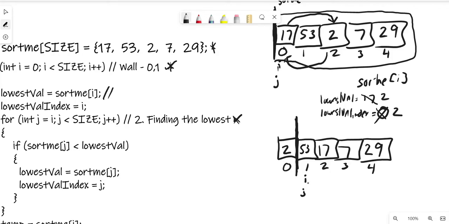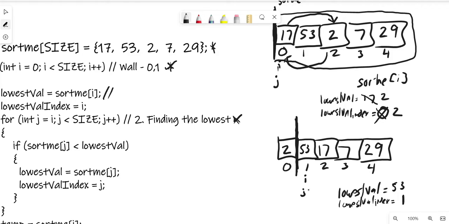Now my lowest val, so I'll write it over here. My lowest val is going to be initially, before j starts going off to the races, 53, and our lowest val index is going to be 1, right?